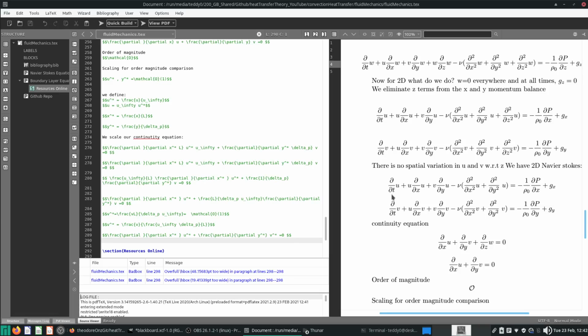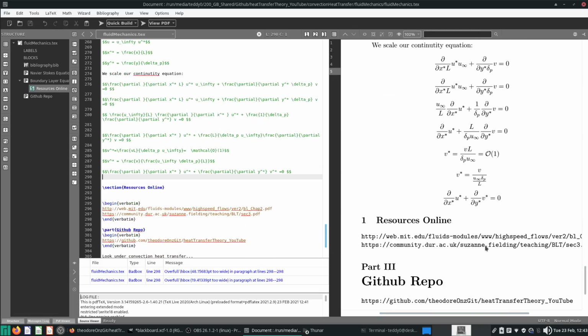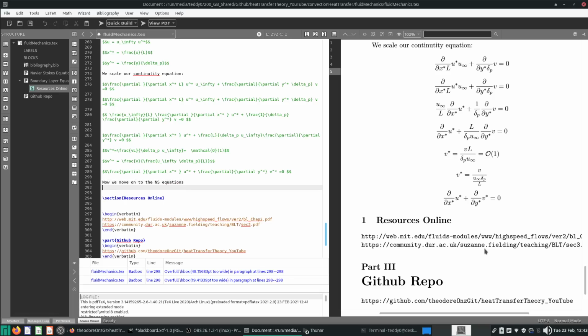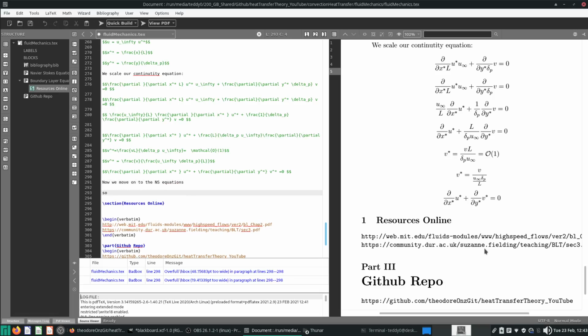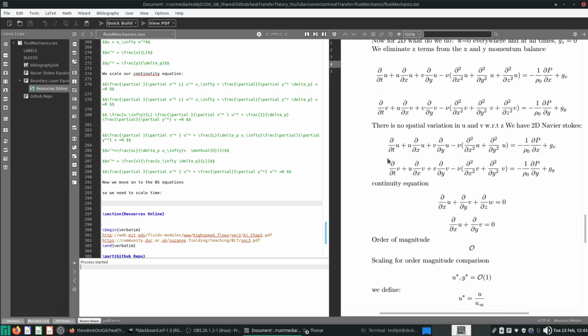One thing we need to do is scale t properly. So we move on to the Navier Stokes equations, and we need to scale the time.